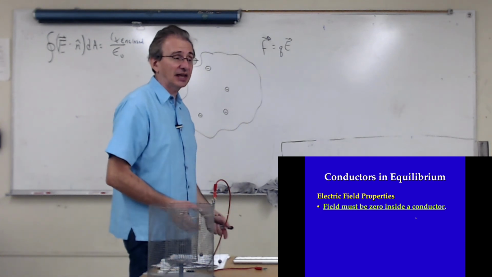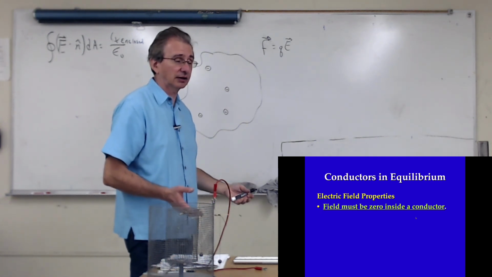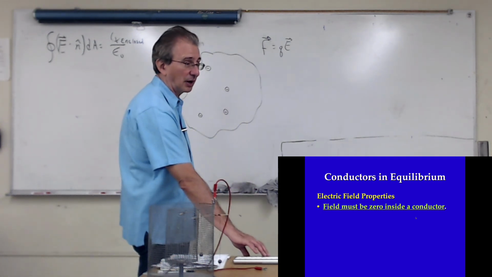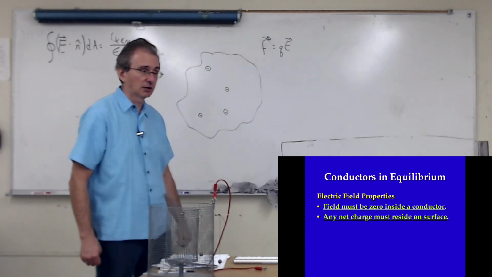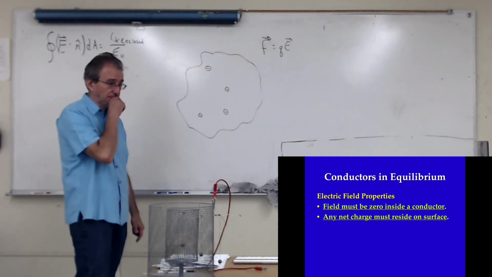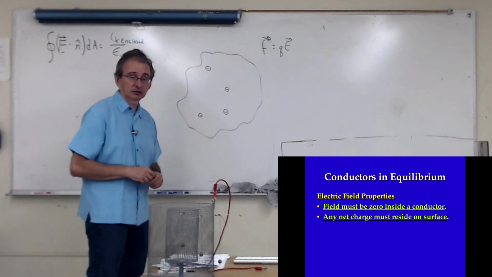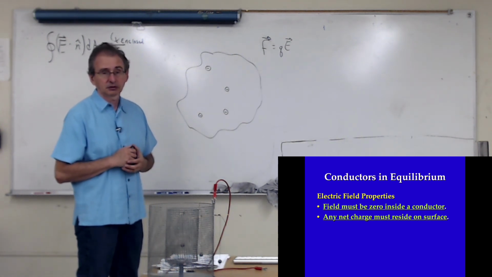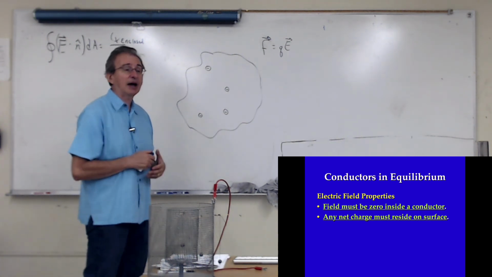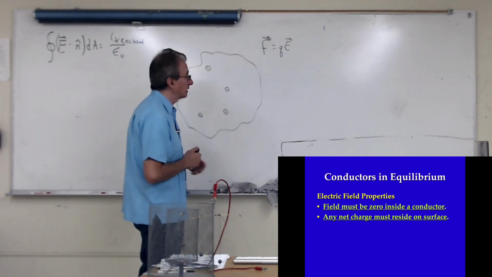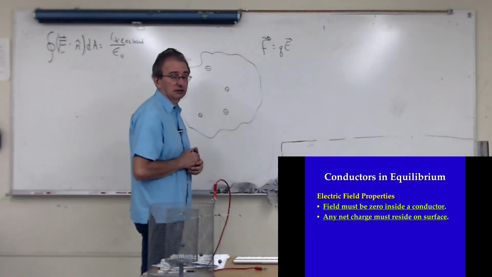Now, having said that, we can then use Gauss's law or some other ideas to look at some of the properties of conductors in equilibrium. For example, if I charge this conductor, what's going to happen is the charge will rearrange itself so that it ends up on the surface.